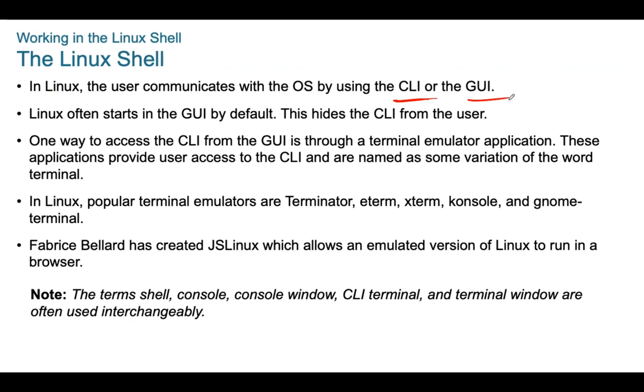But most system administrators or network administrators use the command line interfaces. As soon as you enter the Linux operating system, it will give you the graphical user interface. But to open and work with the command line interface, you can go through the terminal application. If you open that terminal application, that will allow you to work with command line programs.